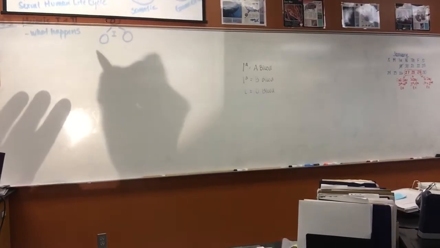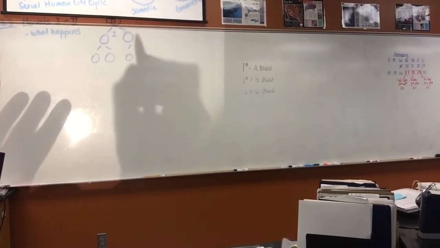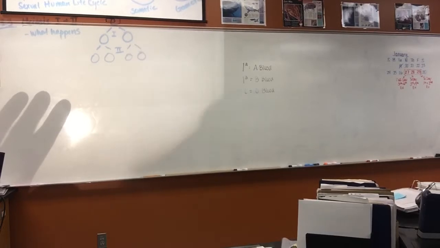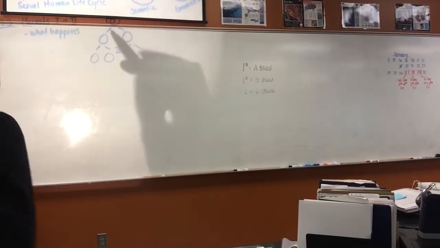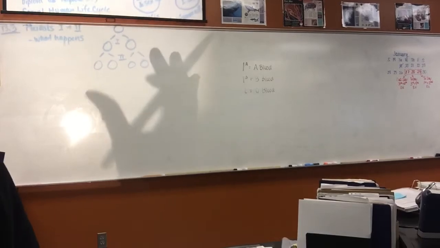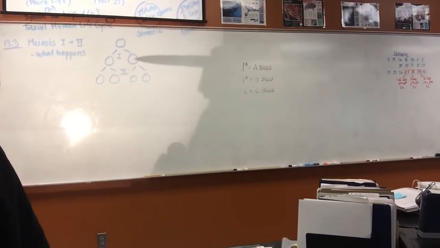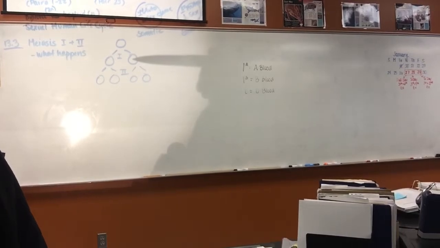Then each one of those 2 cells divides into 2 cells, and that's called the second cell division, meiosis 2. So in general, going from 1 to 2 cells in meiosis, what could we say is the general gist of what happens in meiosis 1? It has to do with what happens with the chromosomes, what separates.